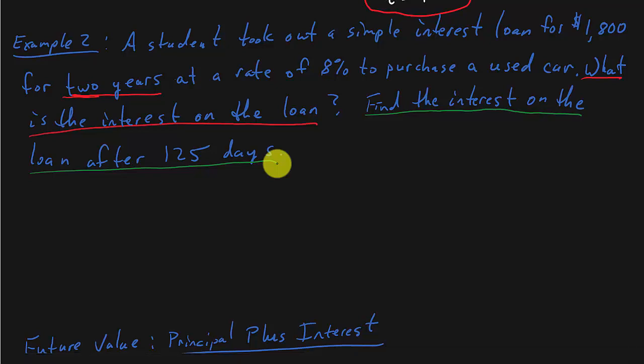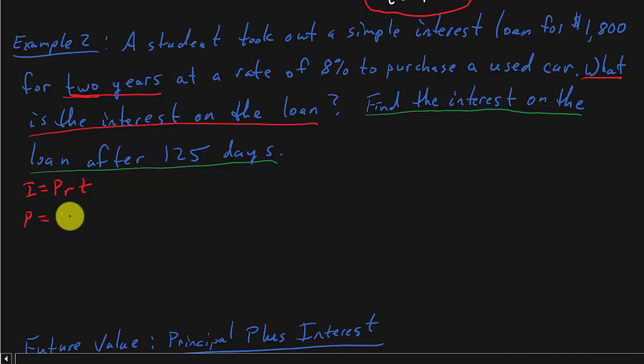So let's work the first part. Part A will be the part with the 2 years. We've got I equals PRT, and we know that P is equal to 1,800. R is 8%, so that's 0.08. And T is 2 years, so that's 2.